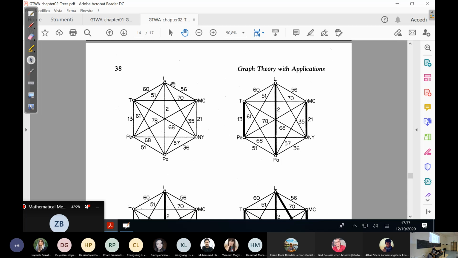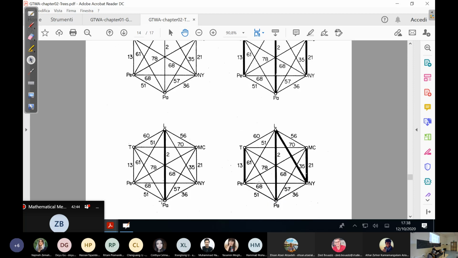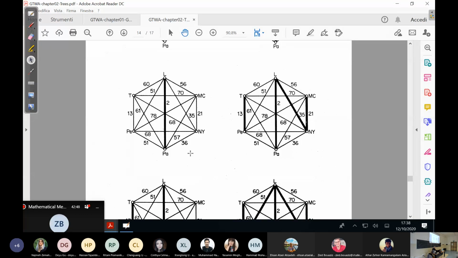So what do we do? We start with one of the edges with the minimum weight. And here there is a wonderful 2, and so of course we pick up 2 immediately. Okay? Now let's look for another edge with a small weight on it.